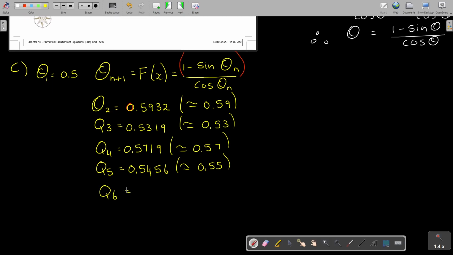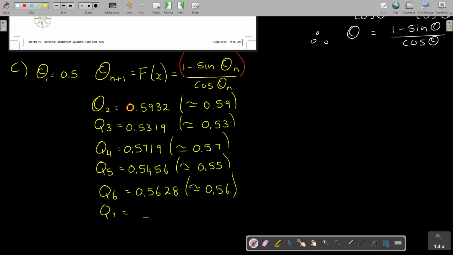Theta 6, equals, so 0.5628, and if I approximate it, 0.56. Okay, and then theta 7, usually it's not so long.